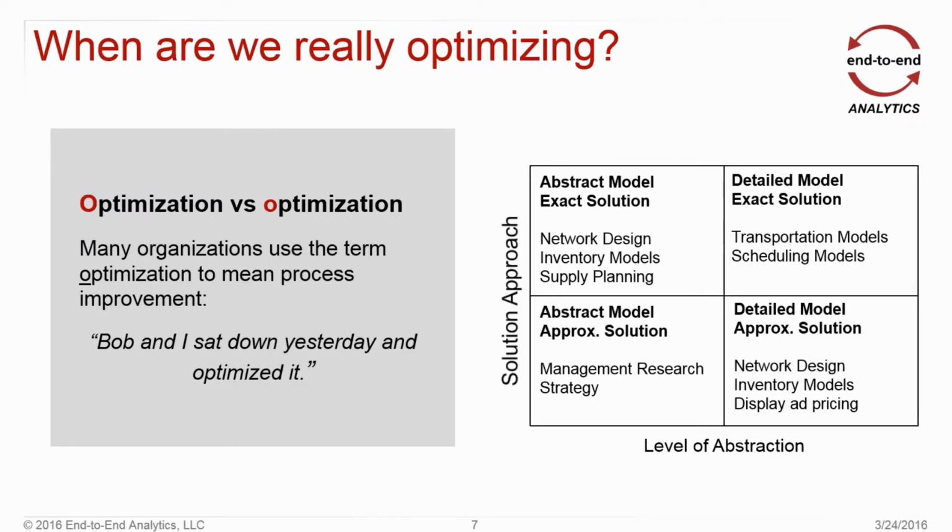I think we've all probably been in a situation at some point where we sat down with somebody and they said, I optimized it. And what they mean by optimized is they sat down with a spreadsheet or a pencil and paper, and they found a solution which is better than their current solution today. And in my mind, that's what I would call little o optimization. Big O optimization is what I like to think of as the mixed integer programming approach to modeling a problem.